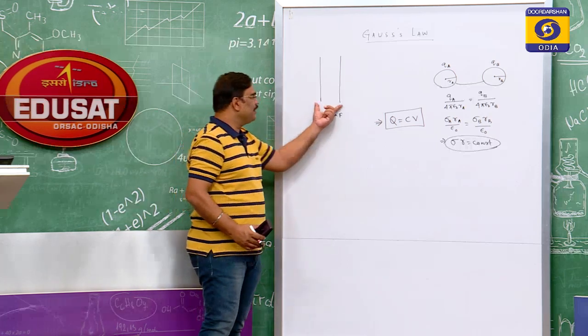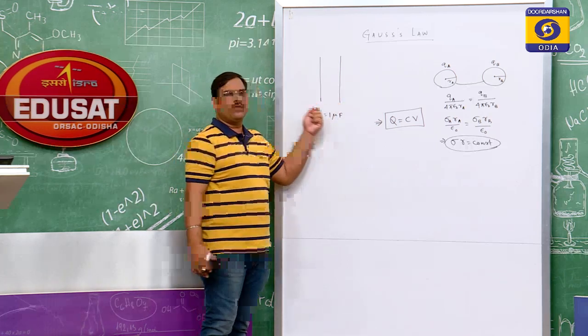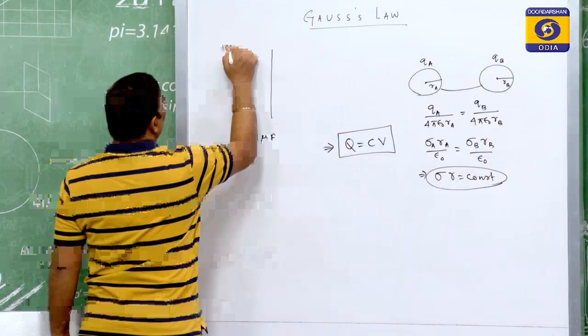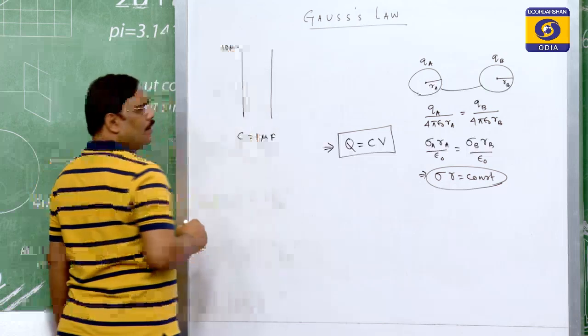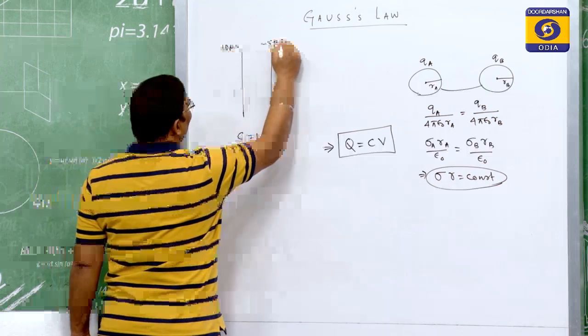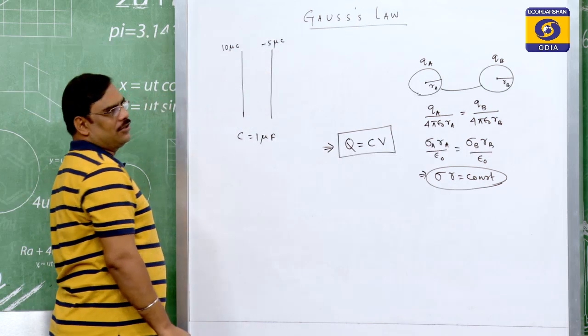I give a charge of 10 microcoulomb on one plate and a charge of minus 5 microcoulomb on the other plate.